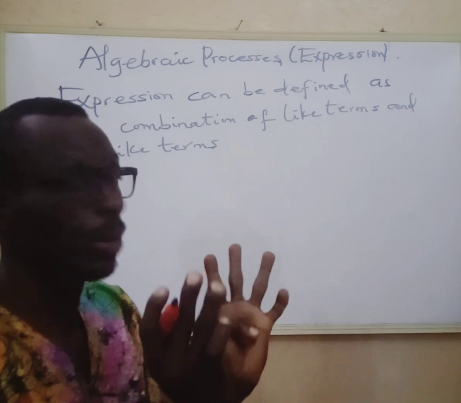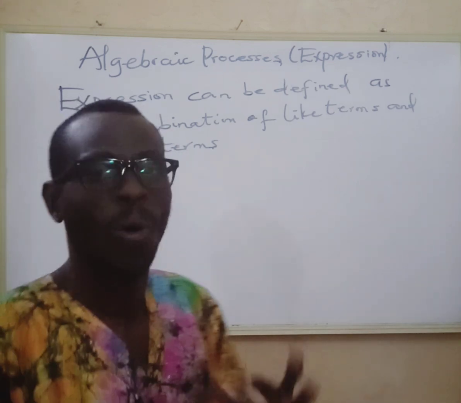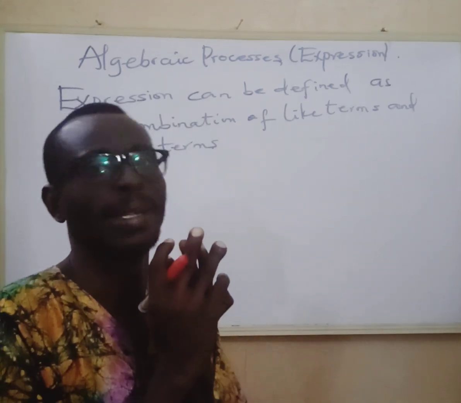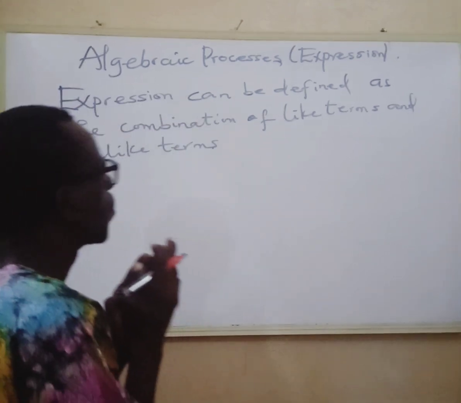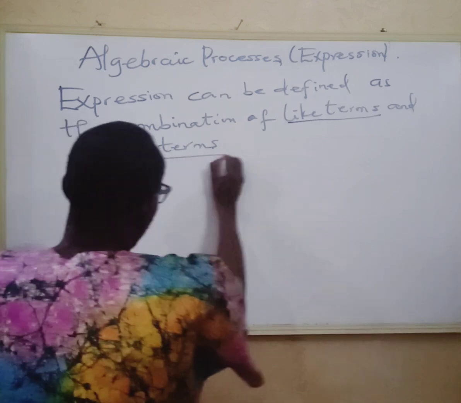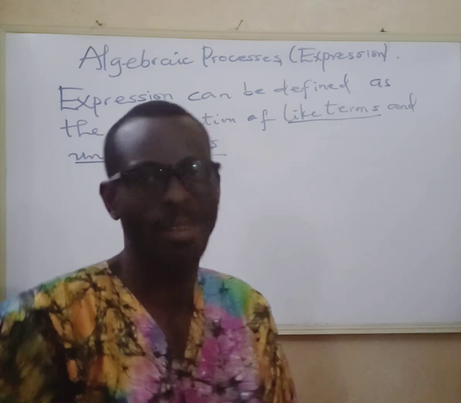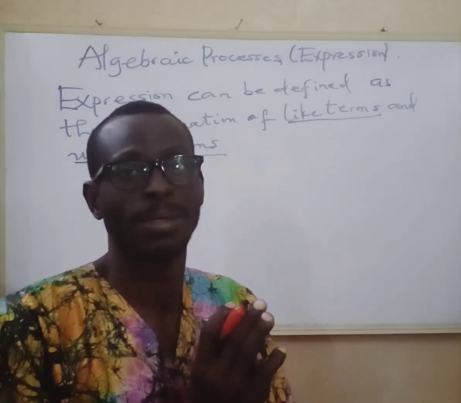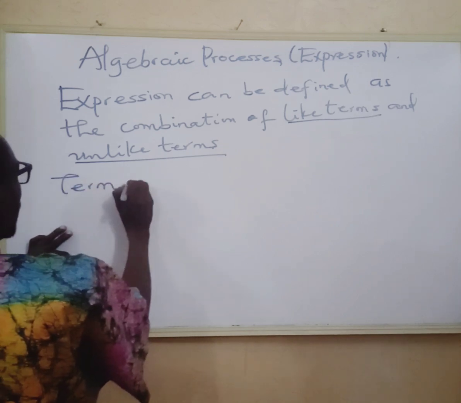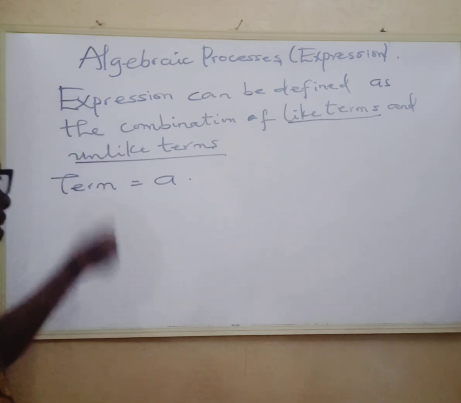We have said in the video that a term could be a single entity or multiple entities of the same entity. And in this video, we have to look into like terms and another word, unlike terms. Like terms are terms that are the same entity. Let's assume we have a term which is A. That's a single entity.